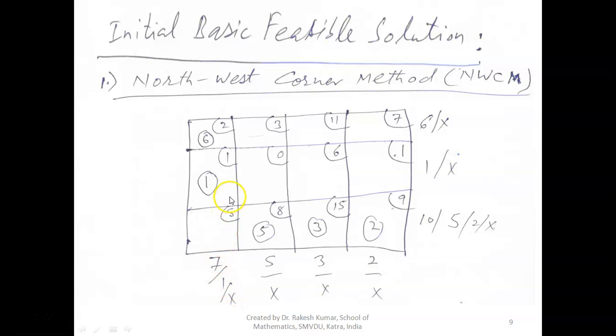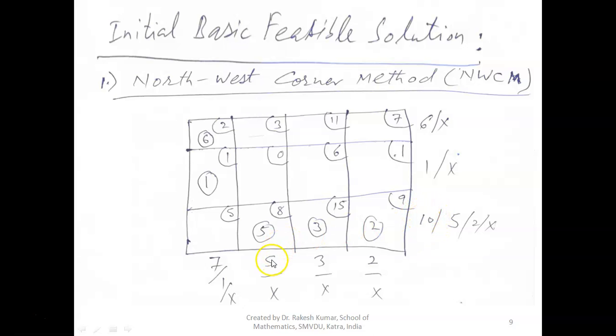Now we will have to move to the third row, and in the third row to the second column, because here nothing is demanded. So coming to here, what is the supply and demand? 5 is demanded and 10 available.